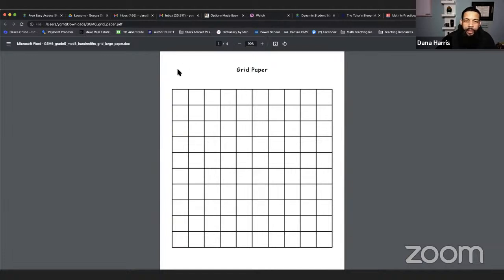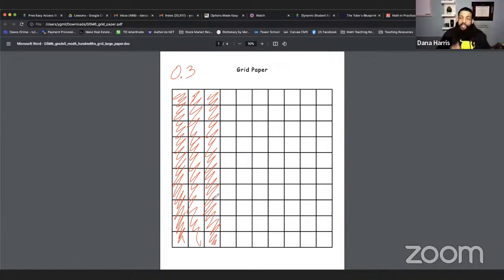If I want to model 3/10, it would be the same thing, but I would just do 3 columns. That's 1/10, that's 2/10, and that would be 3/10. So this is how a decimal would look on a hundreds grid. Every 10 squares is 1/10 because it's a fraction of 100.